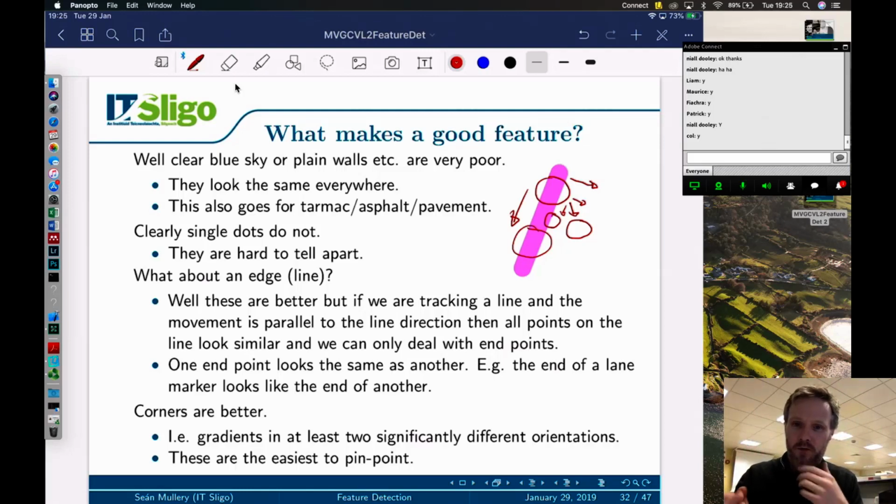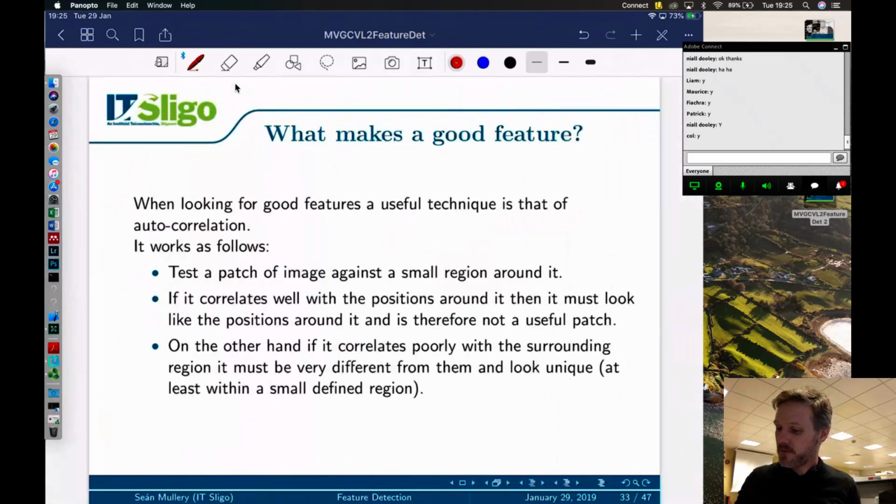But we should still be able to tell them, because if we can tell that it's the same angle in both cases, we can get an idea that we're looking at the same feature. So gradients in at least two significant orientations is good, and these are the easiest to pinpoint in terms of our simple features. So when looking for good features, a useful technique is that of autocorrelation.